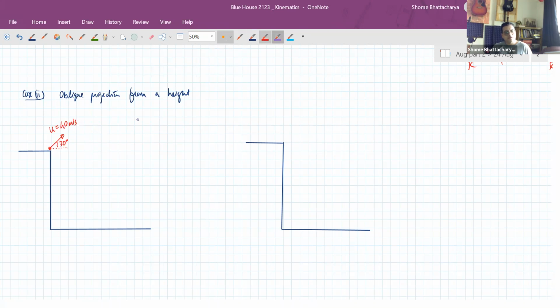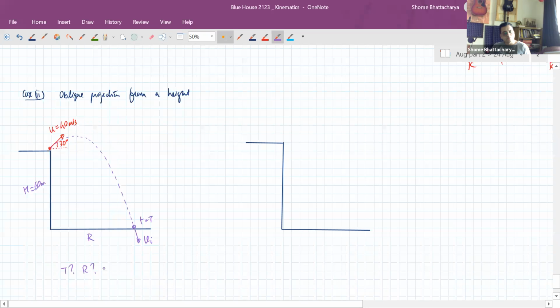And this height here is, let us say, 60 meters. So this will go up and then come down. And at some point of time, it will hit the ground. Some kind of range.